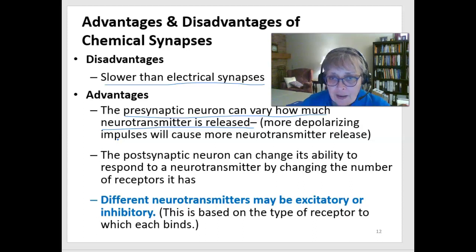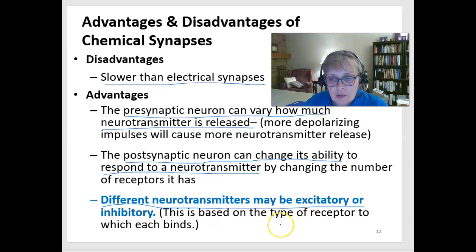The postsynaptic neuron can also make some changes. It can change its ability to respond to the neurotransmitter by changing how many receptors it has. Now, there are also different neurotransmitters throughout the body that are used by different neurons.